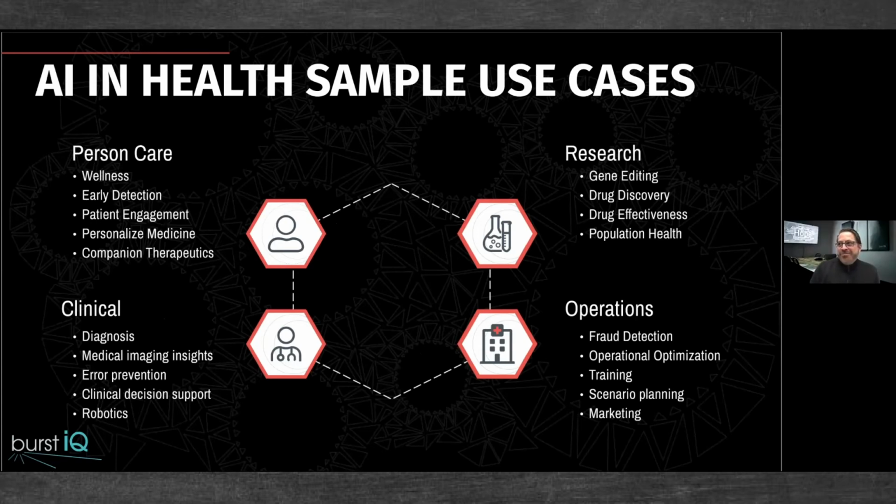Okay, AI and health systems sample use cases. I think you can see these things really start clustering together around what would be more deep learning type applications versus edge intelligence. So over on the right, research. A lot of AI being employed, particularly in the pharma space, around gene editing and research, genomics, proteomics, cellular biomarkers, drug discovery, and how drugs interact with us as individuals, drug effectiveness, and of course broader population health.